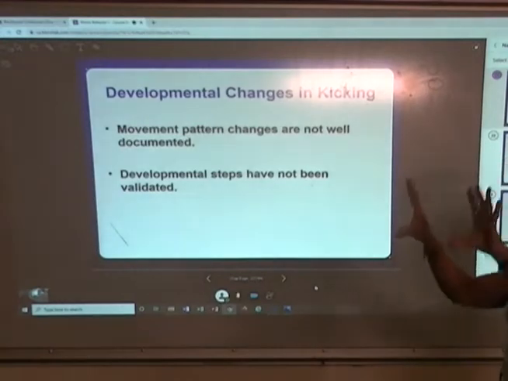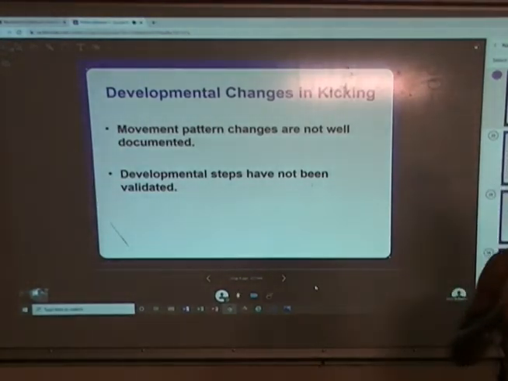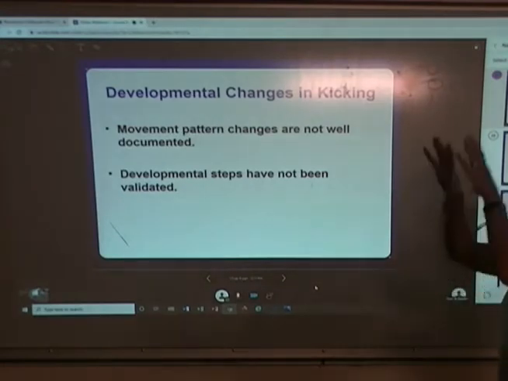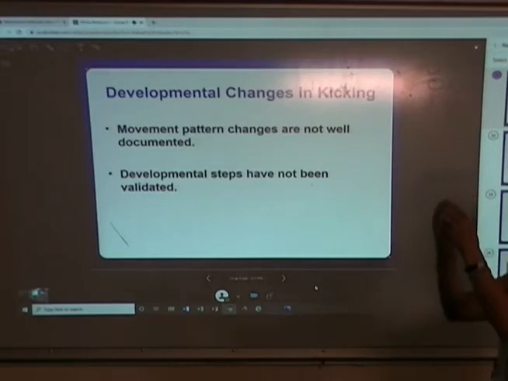So we don't have one of those yes-no question observation plans for kicking. We know the overall picture, the overall pattern, but we don't have that detail of the developmental change in the components of kicking.